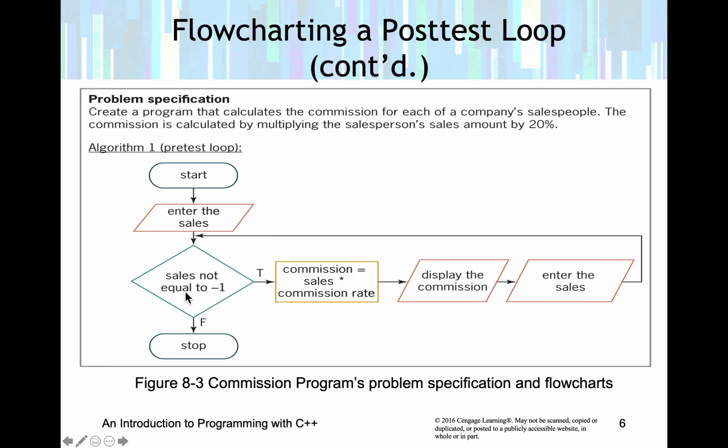We check, and if the sales is not equal to a -1, that means it's a valid sales amount, or we don't want to stop the loop, then we calculate the commission, display it, ask the user to enter the sales again, and then we repeat it again. So if they enter a sales of -1, then we're done and we stop. But here, if they enter, let's say $1,000, then we go back in and we calculate commissions and display it.